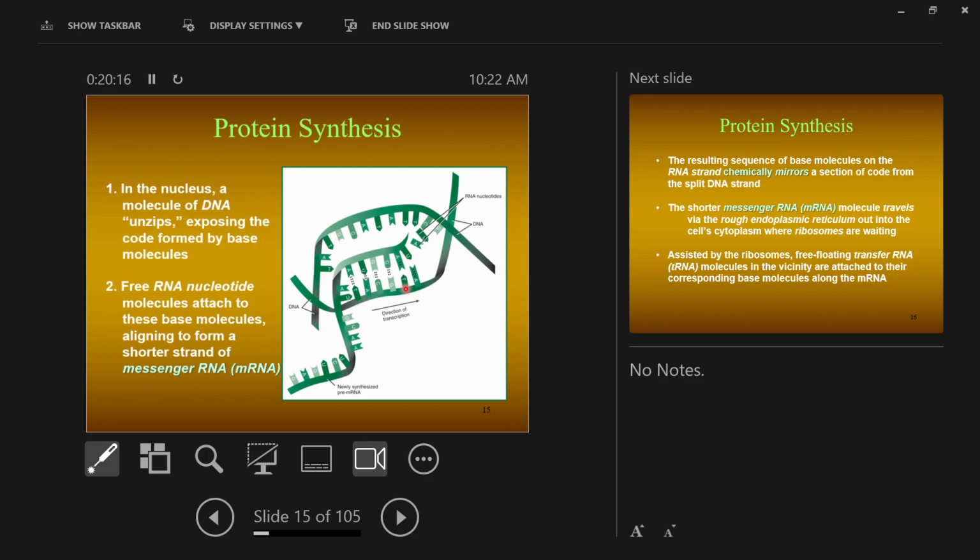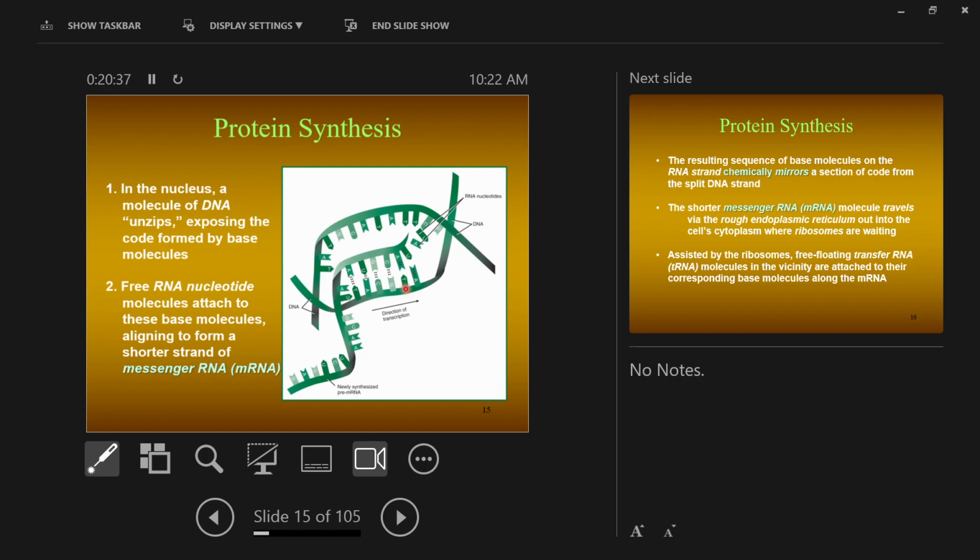So along comes, freely floating in the nucleus, just floating around minding their own business, what we call RNA nucleotides. These are effectively the opposite bases to this DNA's code, okay? These things are just sort of floating around.